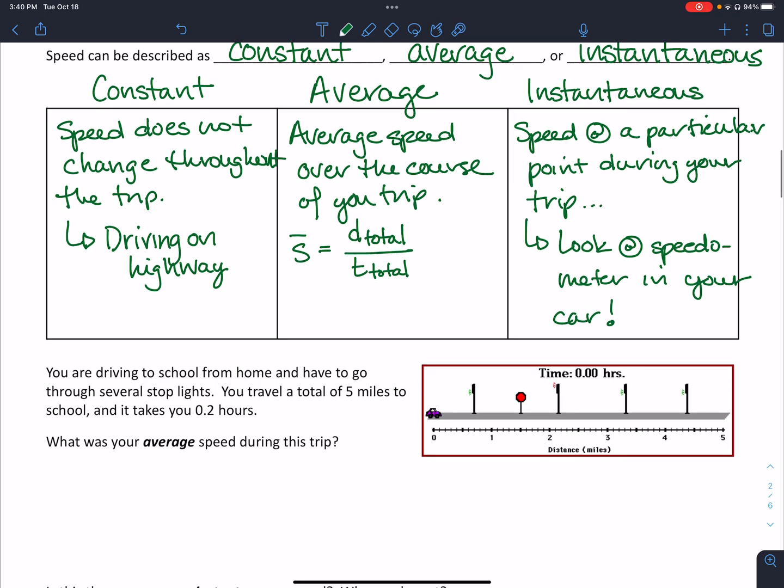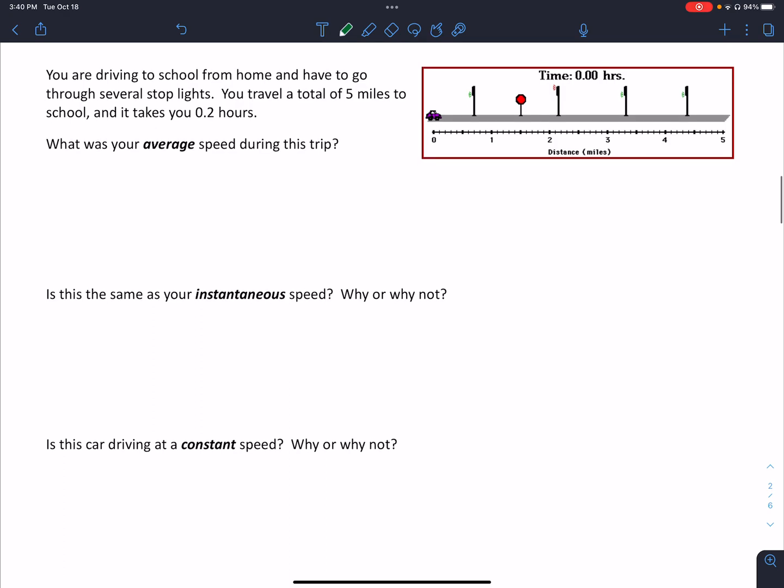All right, so let's look at one problem. This says you're driving to school from home and have to go through several stoplights. You travel a total of 5 miles to school and it takes you 0.2 hours. So what is your average speed during this trip? We're looking for the average speed, which means I need to know the total distance I cover and the total time it takes me to cover that distance.